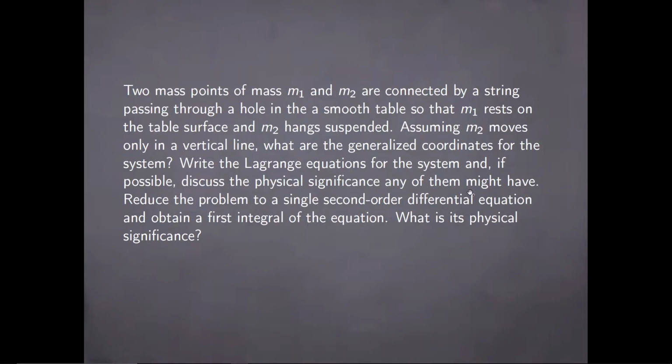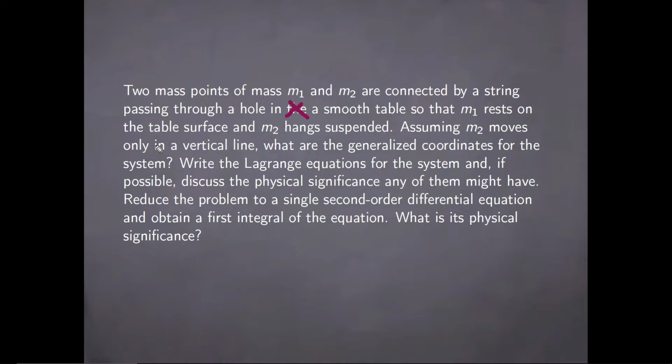The second problem involves a system of two mass points bound by a thread. The statement is as follows. Two mass points of mass m1 and m2 are connected by a string passing through a hole in a smooth table, so that m1 rests on the table surface and m2 hangs suspended.